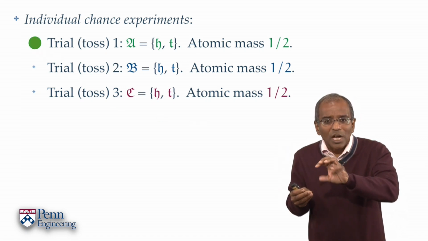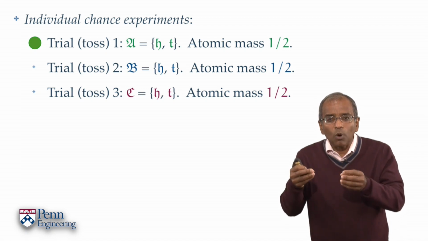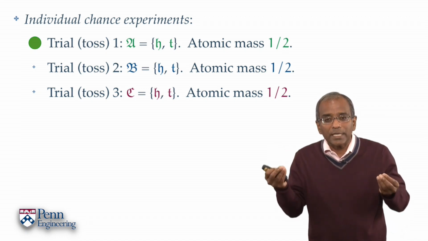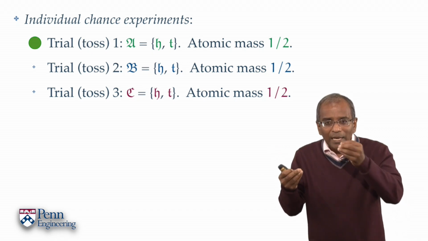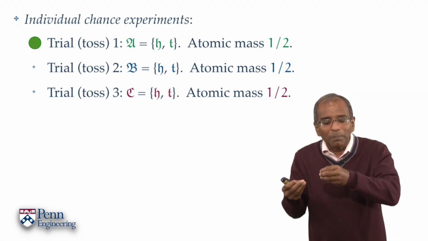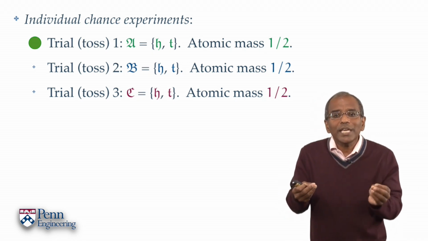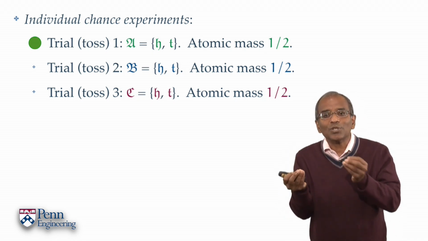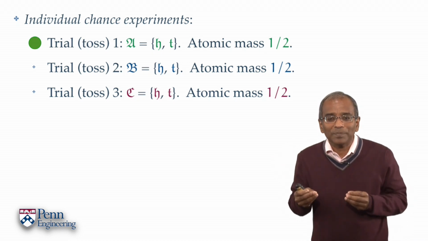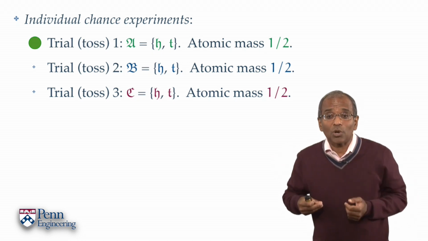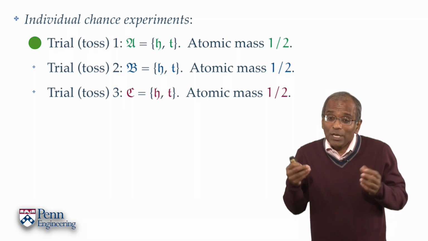Now, this is a chance experiment because the outcome of this trial is not preordained. We will naturally think of the coin as fair and allocate an atomic mass of 1/2 to each of the 2 possibilities, heads or tails, green heads or green tails, for the first trial. Likewise, the second trial results in again 2 possibilities.